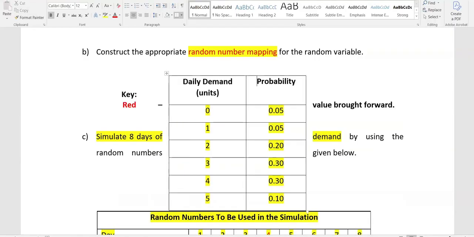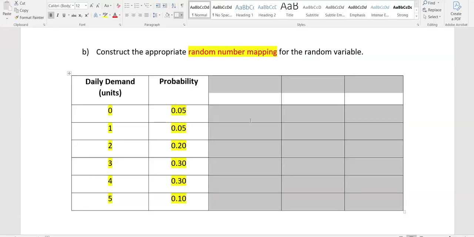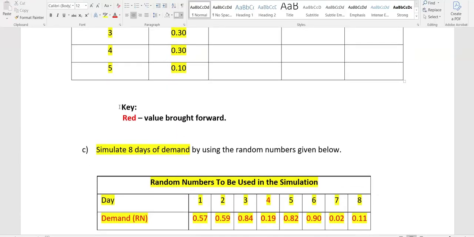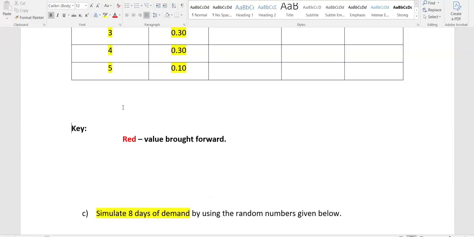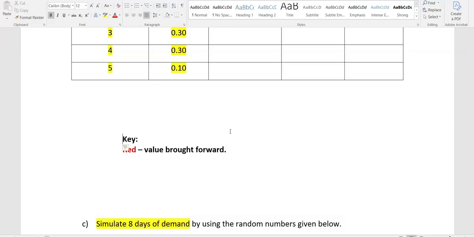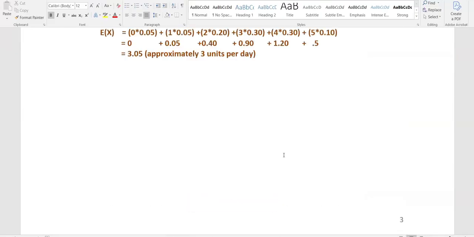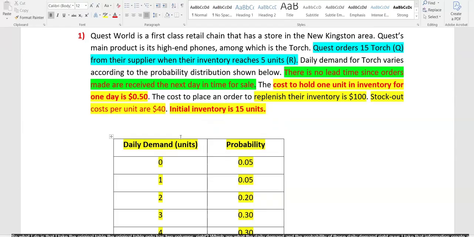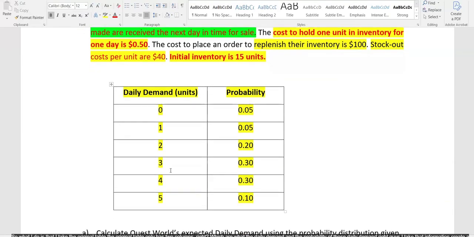The random variable here being daily demand. So what I do is I take the original table. The original table only has 2 columns, which are the daily demand and the probability of those daily demands, right?